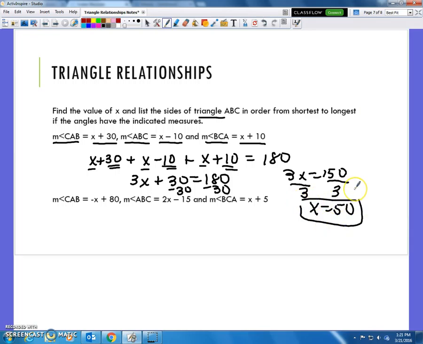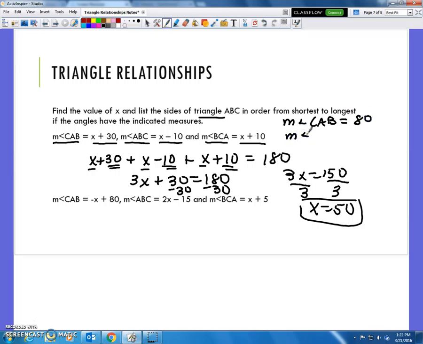That's really important, but we haven't actually answered the question yet. It says, I want the angles in order from shortest to longest, if the angles have the indicated measures. Now that I know that x is 50, what I can say is the measure of angle CAB would be 50 plus 30, which in this case would be 80.